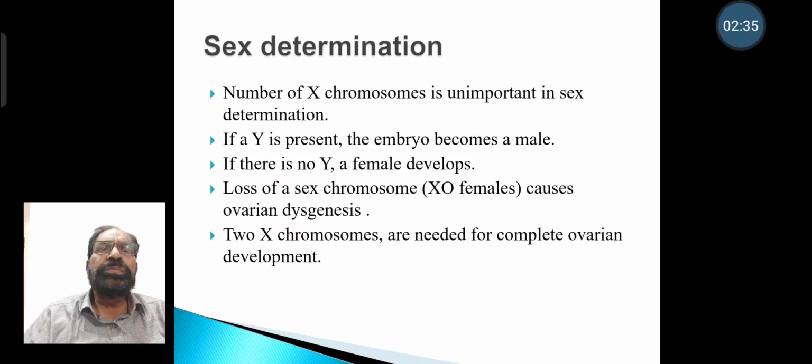Number of X chromosomes is unimportant in sex determination. If a Y is present, the embryo becomes a male. If there is no Y, a female develops. Loss of sex chromosome, that is XO females, causes ovarian dysgenesis. 2 X chromosomes are needed to complete the ovarian development.